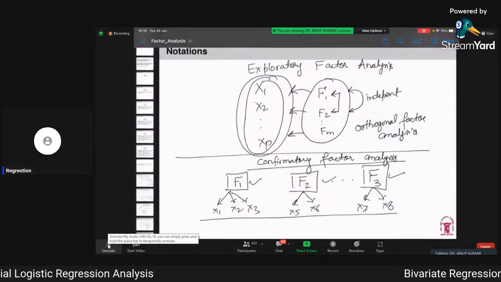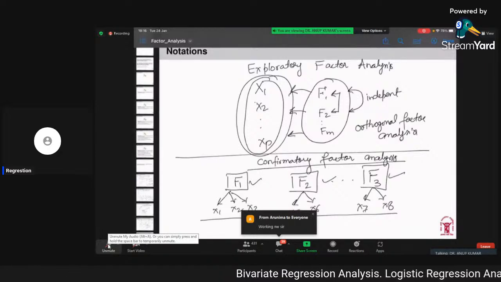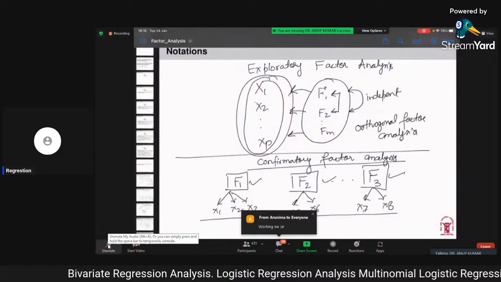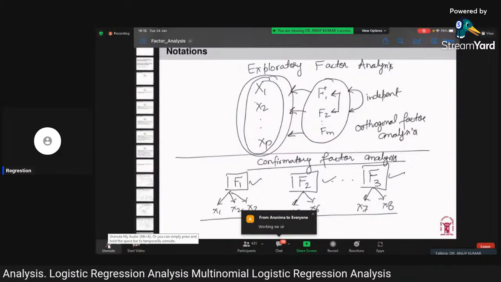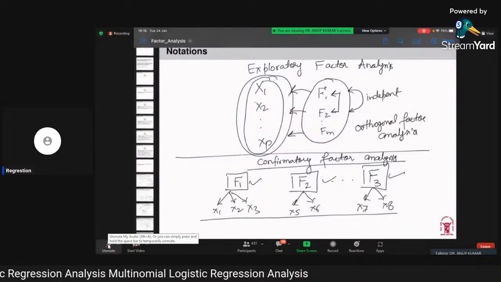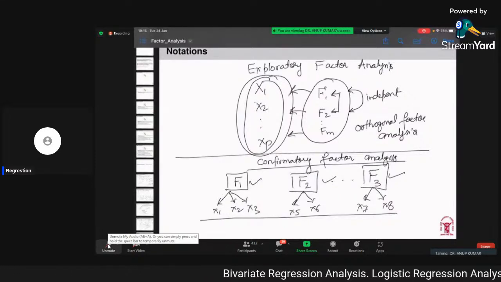Okay, now, actually, I was discussing exploratory factor analysis and confirmatory factor analysis. In exploratory factor analysis, we don't know how many hidden factors there are; we are exploring them. But in confirmatory factor analysis, the PI or the evaluator already knows how many factors there are.